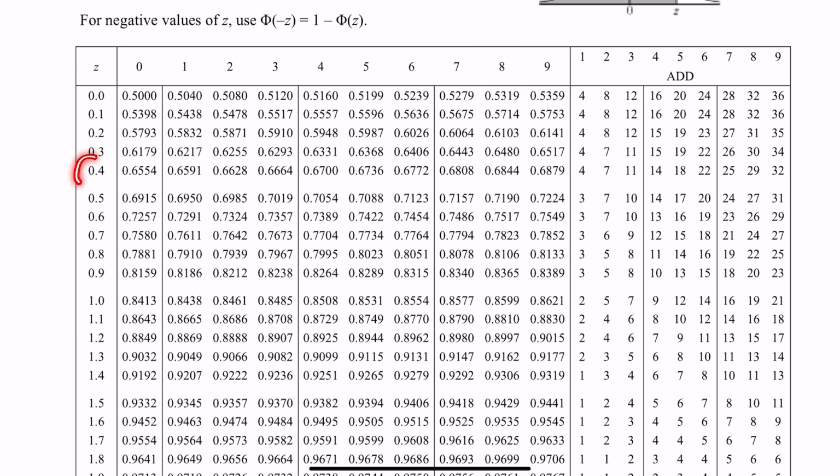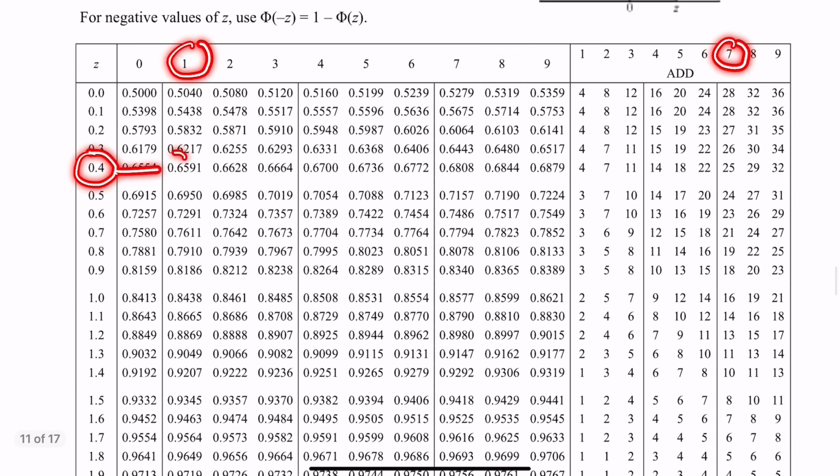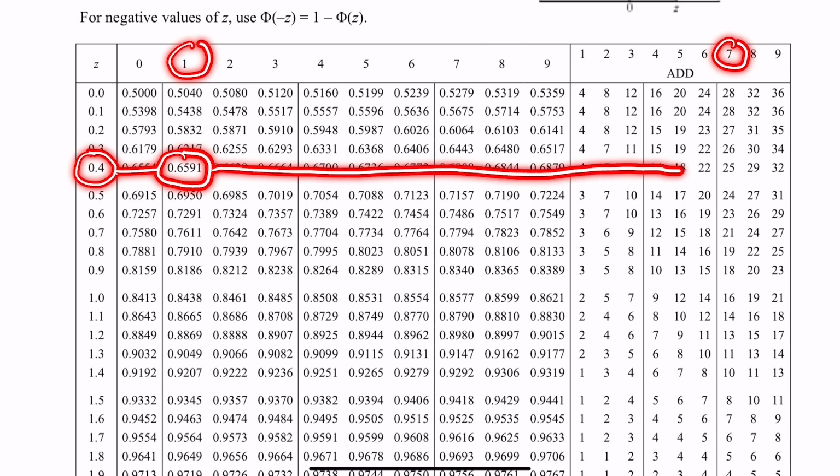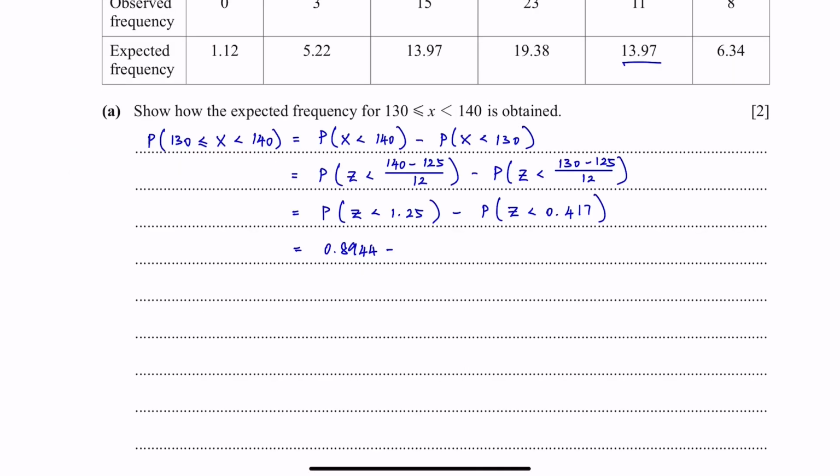So when z is 0.417, we take 0.6591 plus 0.0025, and this would give us 0.6616.